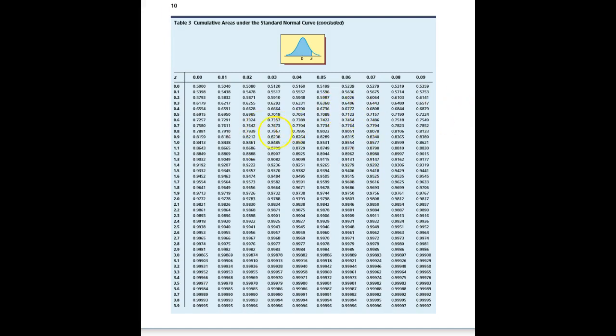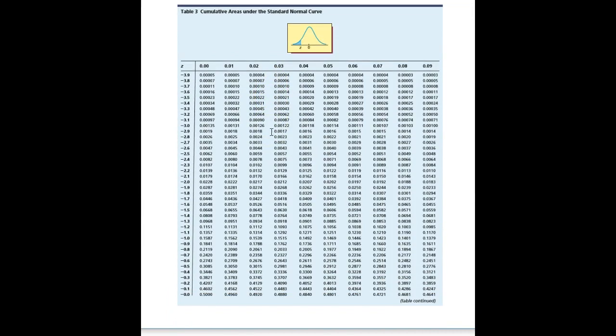Inside our table, let's look on the negative side because it's easier, since it's the alpha half that we're looking for, 0.005. We go down here and we've gotten past 0.005. We walk over, and we get to 0.0049 and 0.0051, so it's kind of in between there.